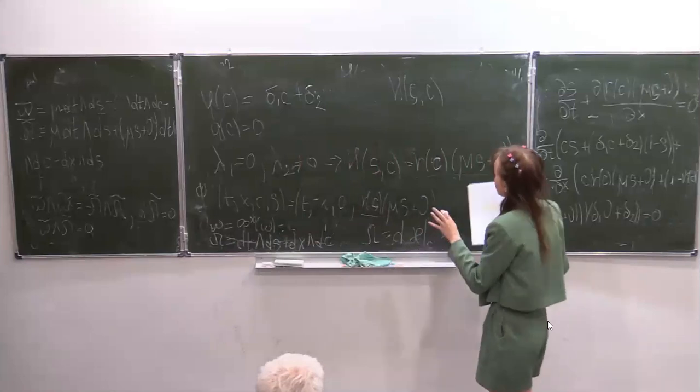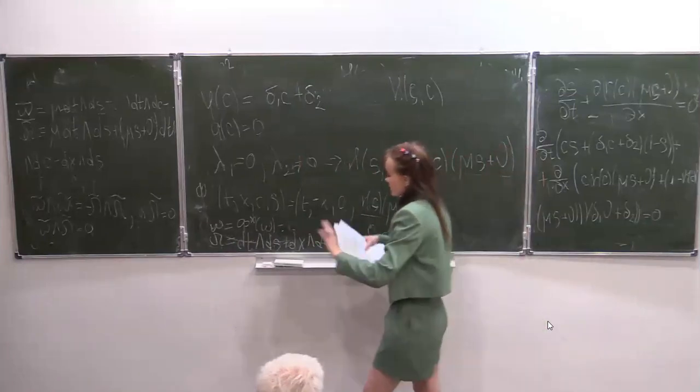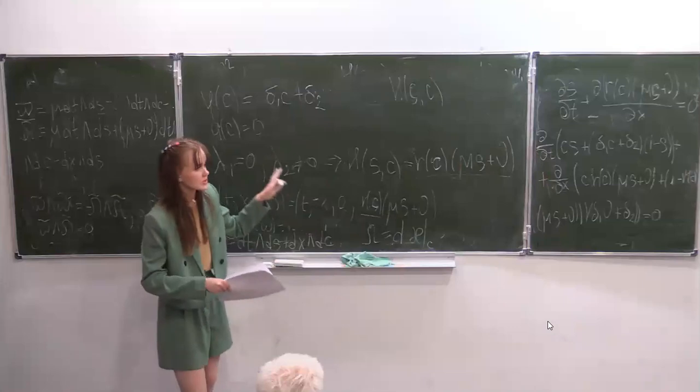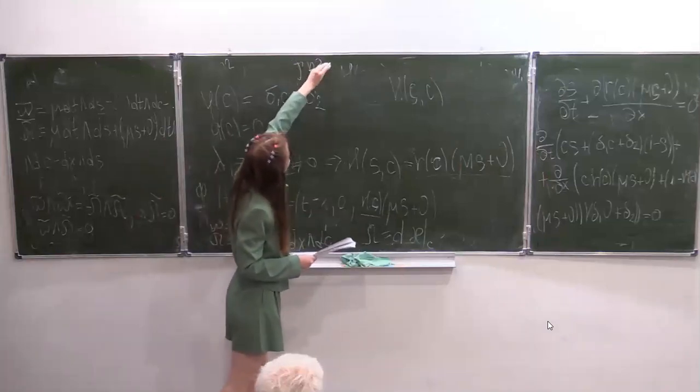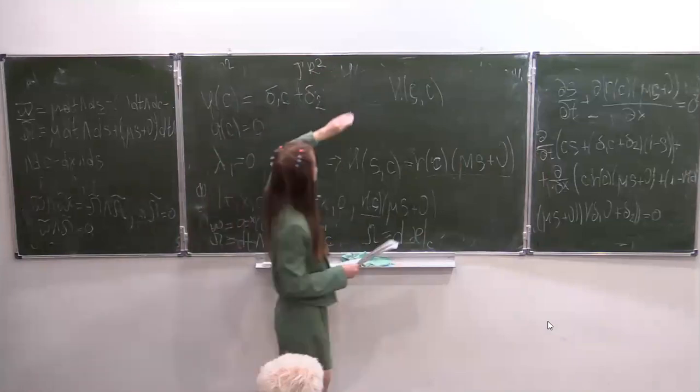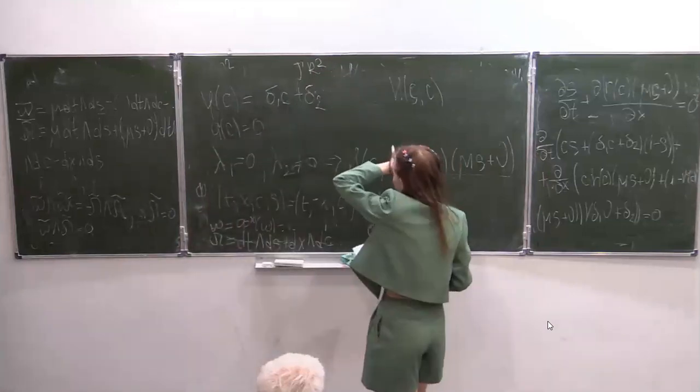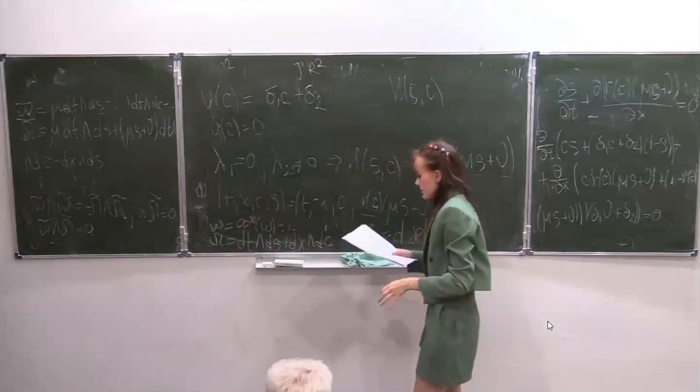Let from a cotangent bundle we go to one jet space, where we can define the Legendre transformation.